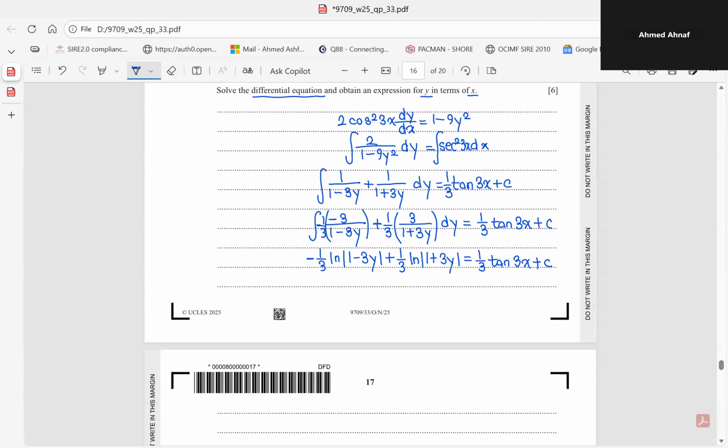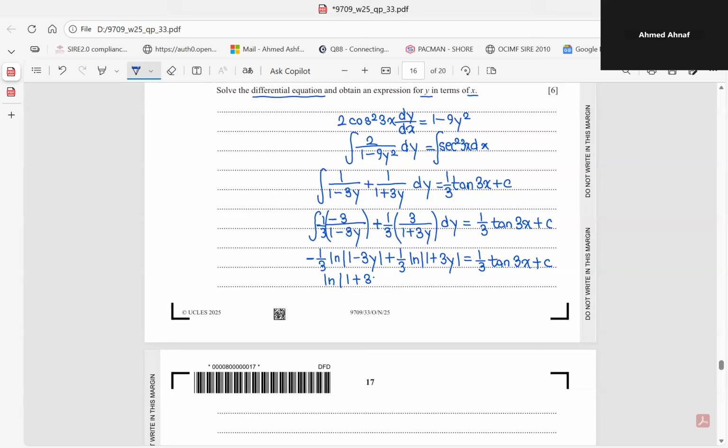Okay, so we can see that almost all the terms we found have the coefficient 1/3. So since I don't like fractions, I'm just going to multiply both sides of the equation by 3. So we'll get ln, and then I'll also swap these two terms because I don't like having negative signs in front. But that's just my personal preference.